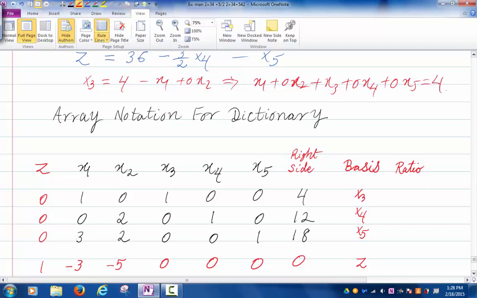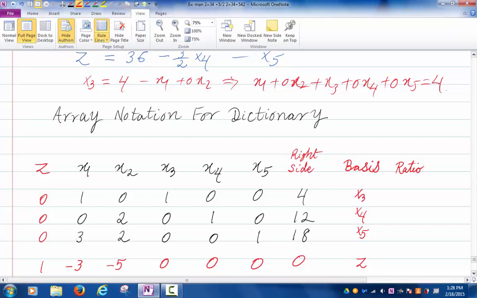And if you look at my first row in my array notation, I exactly have those coefficients: 1 0 1 0 0 4. Am I making sense? You understand where the table is coming from. So you write down the table that way. Right side means the right sides of the equations.